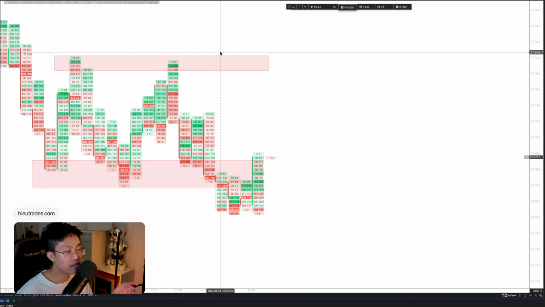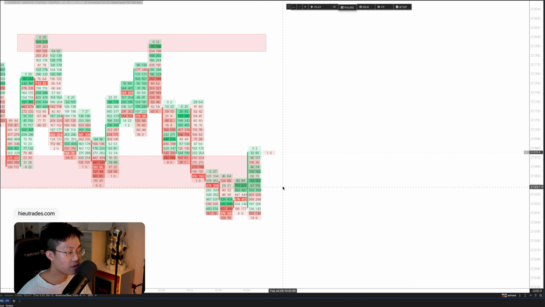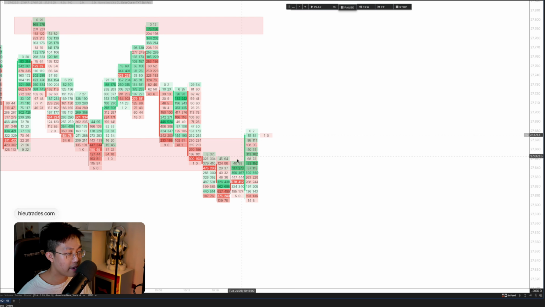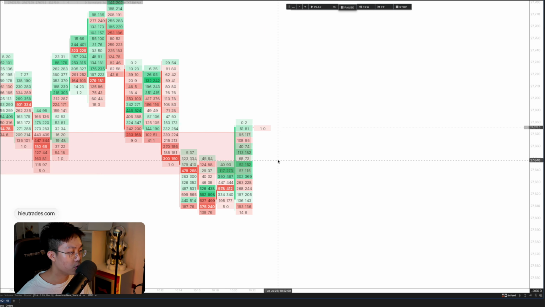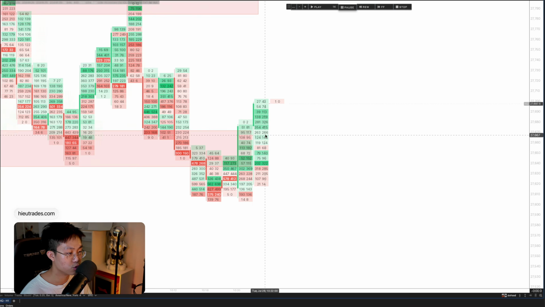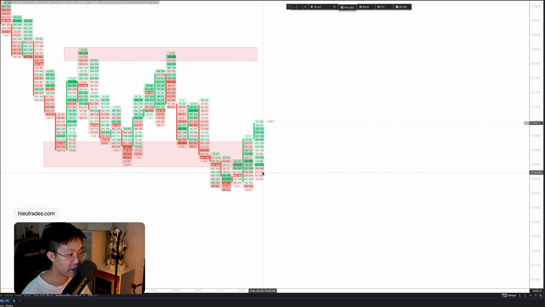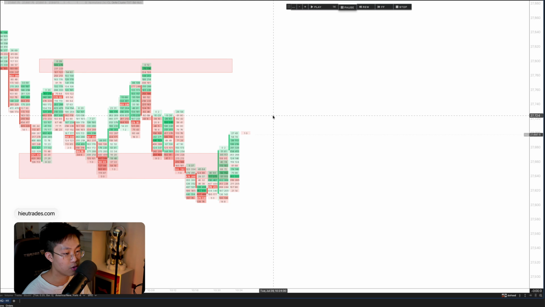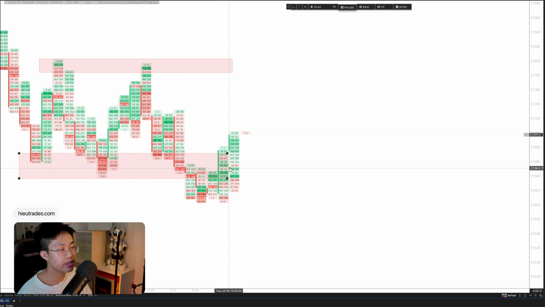And the high probability setup comes once you've identified how we react after the opposing side steps back in. Whether in this scenario, aggressive sellers are still able to hold control and absorb any opposition and continue lower, or they fail to hold control, and as a result, this is what happens. Aggressive buyers take back control, even though we've broken out of the range low, and now we're coming back inside the range. So this isn't a trade here, because we didn't have any control from sellers afterwards.